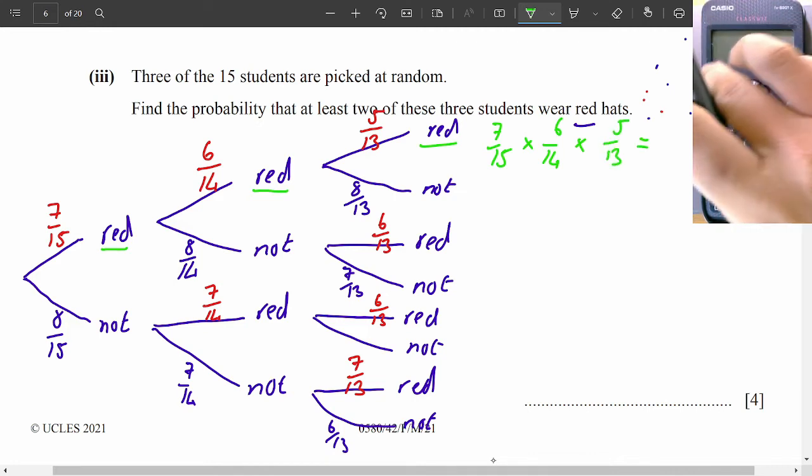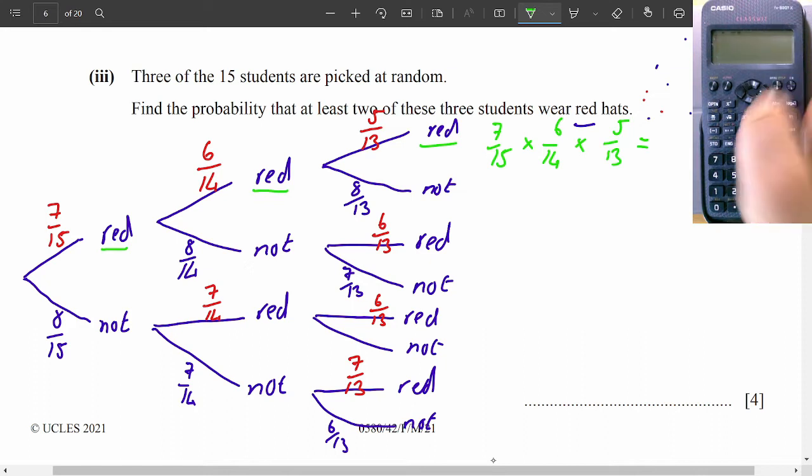Okay, let's do that quickly. This is a time-consuming question. Which gives us 1 out of 13.